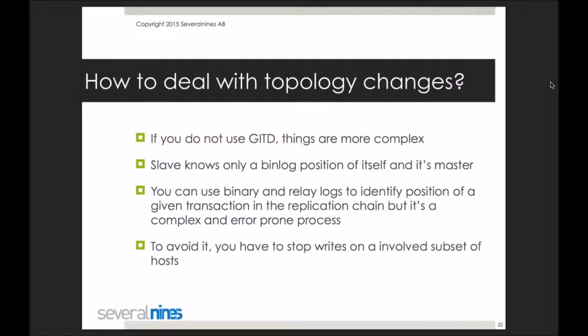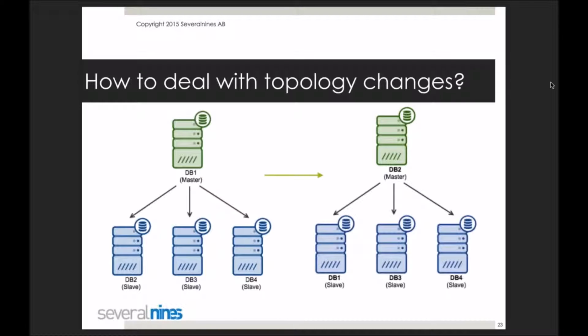So ideally, to avoid some issues, if you want to move slaves around, you most likely need to stop the replication at some subset of the slaves. I'm not going to talk in detail about this whole process. I just want to show you more or less how it looks.